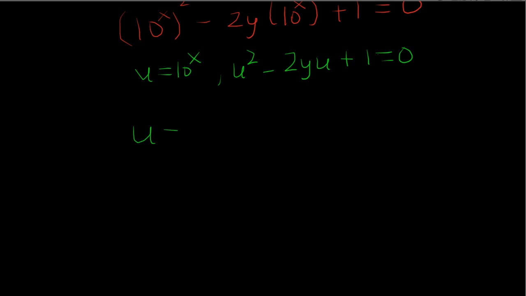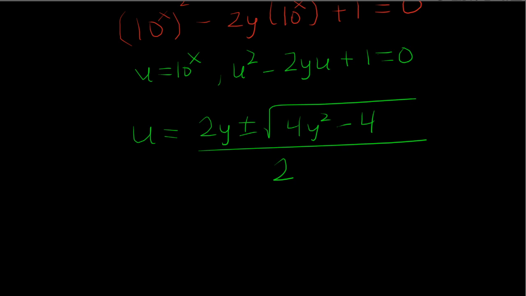So the quadratic formula says opposite of b plus or minus the square root of b squared minus 4ac all over 2a. So u is 10 to the x, so we could replace that.